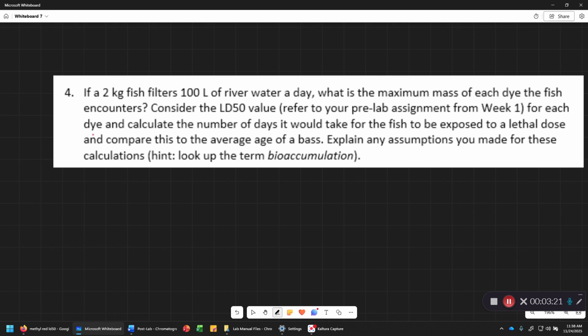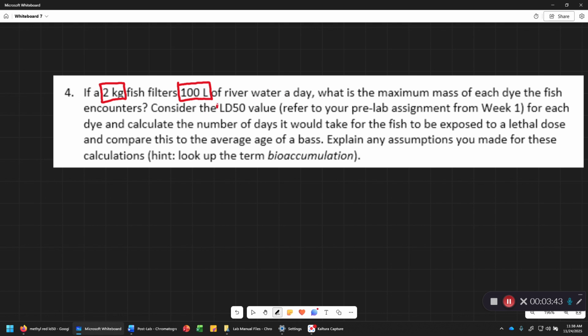And we're going to make quite a few assumptions in these calculations. One of them is that we're going to assume that the fish has a mass of 2 kilograms. We're going to assume that the fish is exposed to 100 liters of river water in terms of it using the water to breathe in and get oxygen.